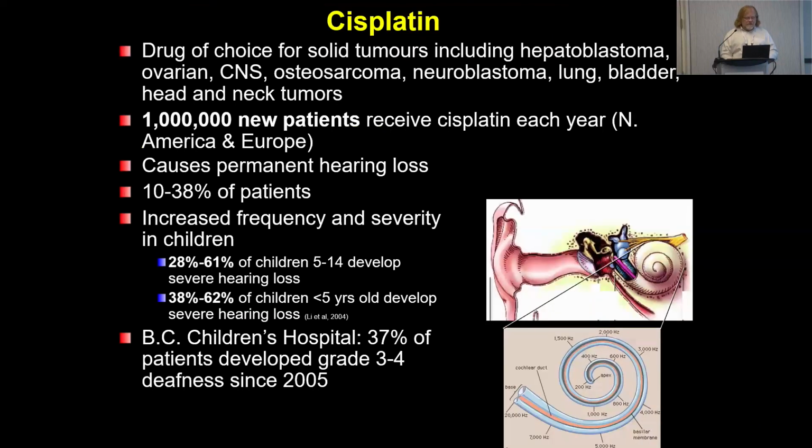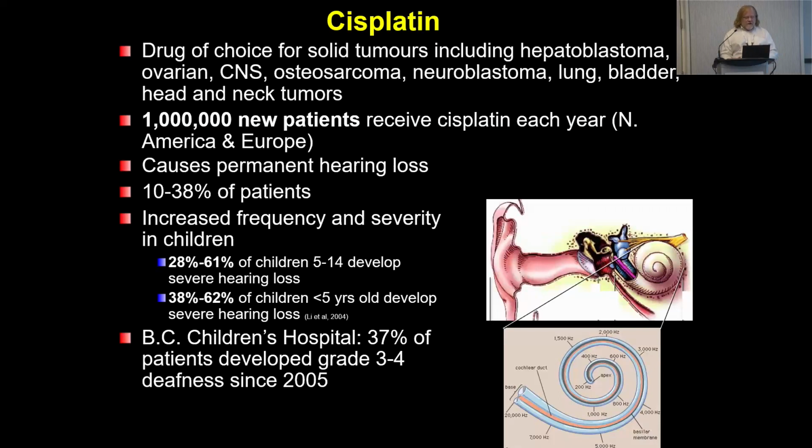Cisplatin is used as a drug of choice for solid tumors in pediatrics. We don't have a lot of solid tumors in pediatric cancer, but there are some. About 1 million patients receive cisplatin every year in North America and Europe. Because it is a heavy metal, platinum based, it causes permanent hearing loss.